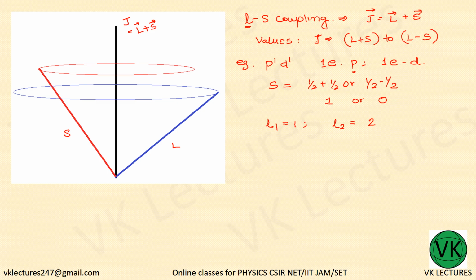So what are the possible values of L? L1 plus L2 to L1 minus L2, that is 3 to 1, which includes, in increasing order, 1, 2 and 3, and the S values are 0 and 1.